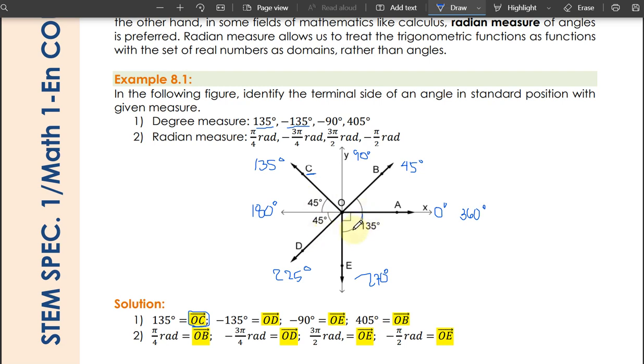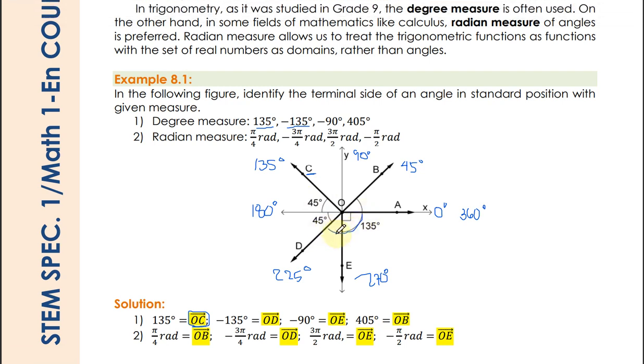So this is our negative 135 degrees. So from your initial side at A, this is 90, then this is negative 135. So the answer here is OD.